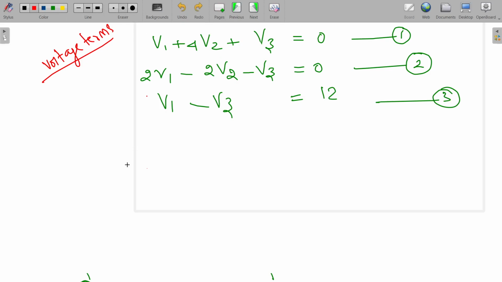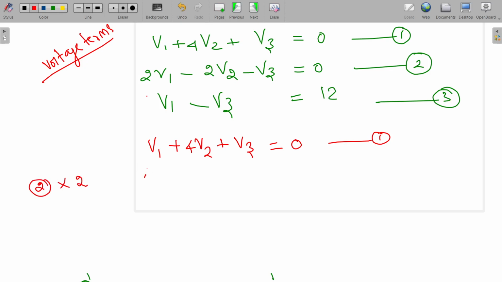So we consider the first equation, V1 plus 4V2 plus V3, that is equal to 0, and then take the second equation, multiply it by 2, then you get 4V1 minus 4V2 minus 2V3, that is equal to 0. So I write this as 2 dash, the modified form of the second equation.